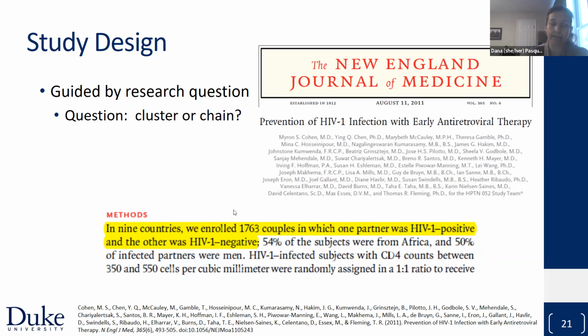Then they randomized half the couples to be receiving HIV treatment for the HIV infected person immediately after diagnosis. And the others followed what was standard of care at the time, which is you didn't take a treatment until you started to have some kind of clinical reason to, so it was a progression of HIV on the way toward AIDS.